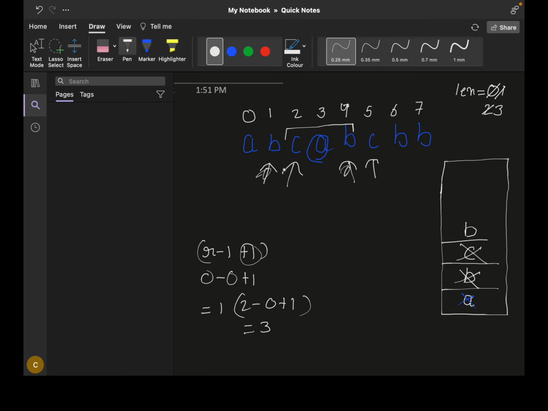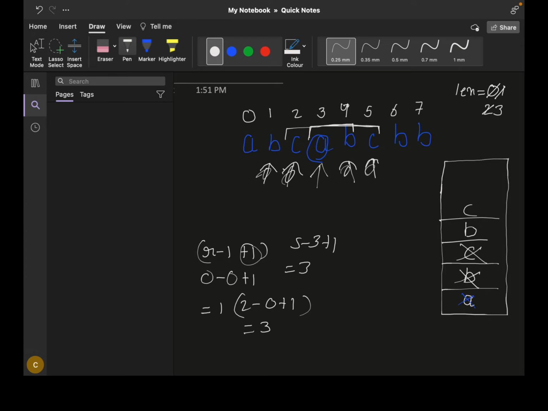C is removed, and our left comes here. Again we check whether C is contained or not. It is not, so we push C in here, and our current substring is this one. We again calculate the length, which is 5 minus 3 plus 1, which is again 3, so we cannot replace the maximum.